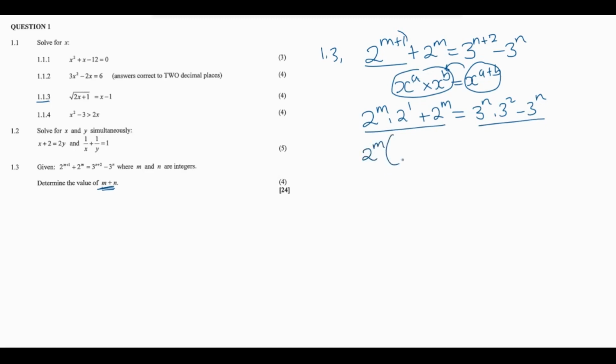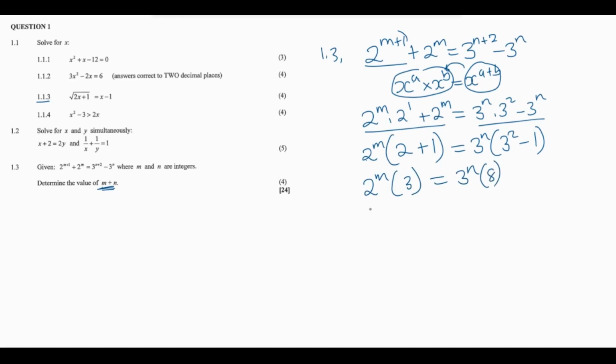Let's factor it out. We remain with 2 plus 1. Right, and then from 2 to the power m divided by 2 to the power m, we get 1, is equal to 3 to the power n, and then we get 3 squared minus 1. We factorize there, which is 2 to the power m, and then 3, is equal to 3 to the power n, then 9 minus 1 is 8, right?